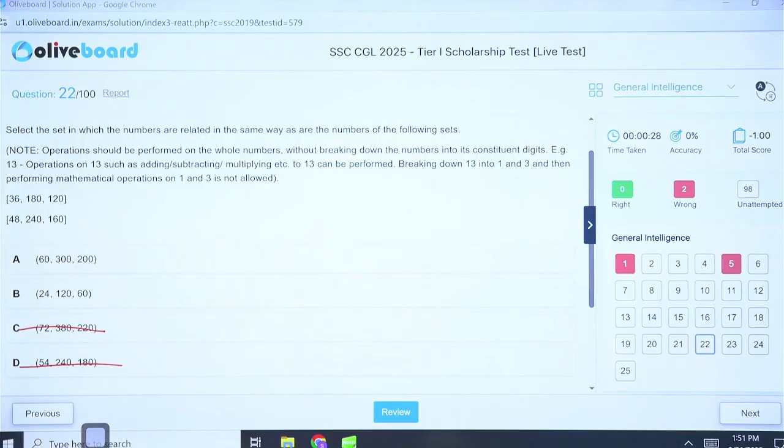No, it's not working out. 10 by 3. 10 by 3 into 10 by 3. No, yeah, this can be multiplied by 10 by 3. Check into 10 by 3. 20 into 10, 200 into 10 by 3. No, this is not working out. This should have been 80 here. So yes, option A is the right answer.